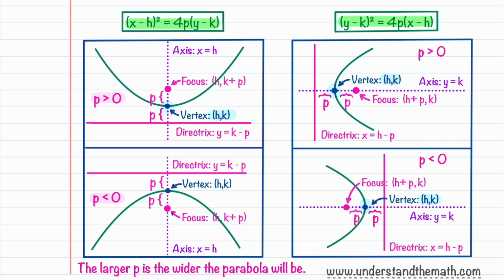When the parabola opens to the right, p is greater than 0, and when the parabola opens to the left, it's less than 0. P is positive if the parabola opens up or to the right, and negative if it opens down or to the left. One more thing about p, the larger p is, the wider the parabola is going to be.